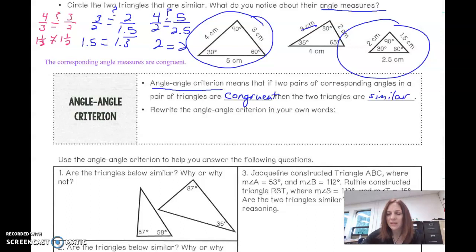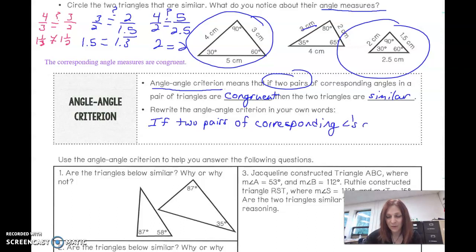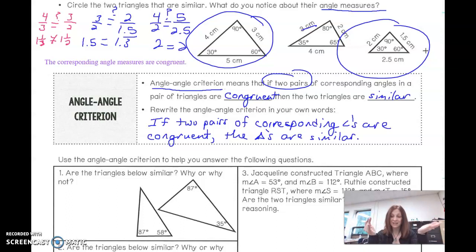So what this is basically saying is if you have two pairs of corresponding angles equal, are congruent, the triangles are similar.